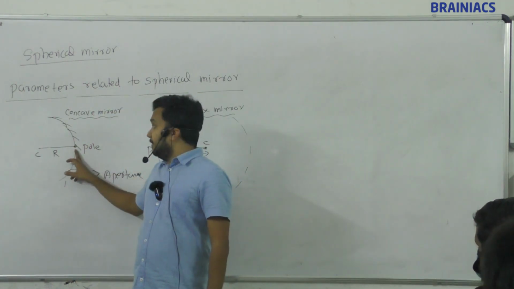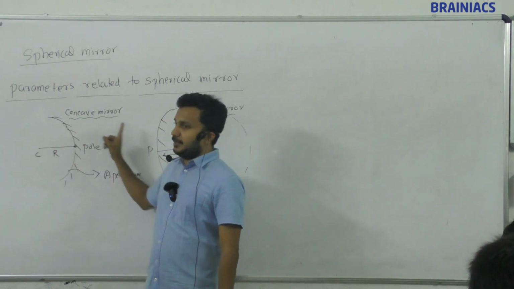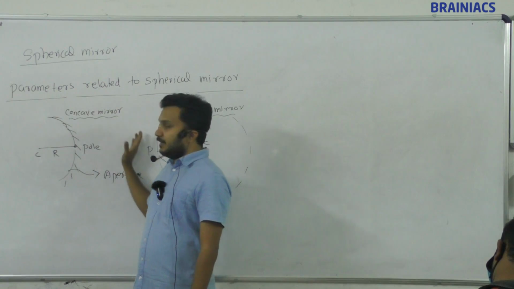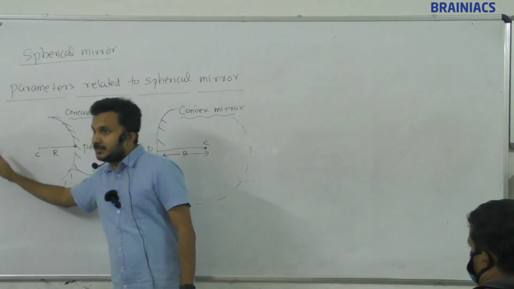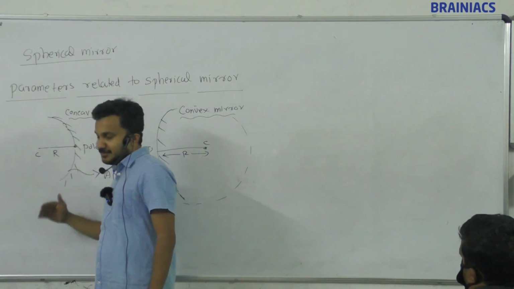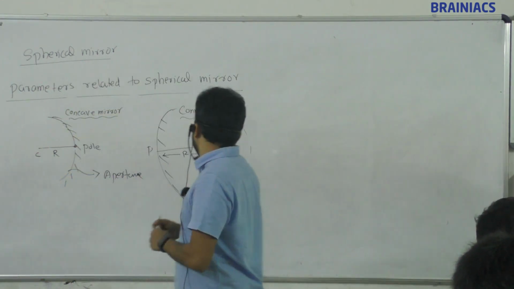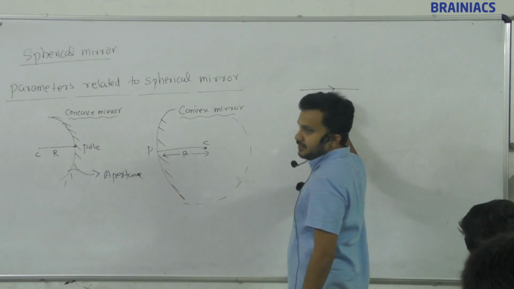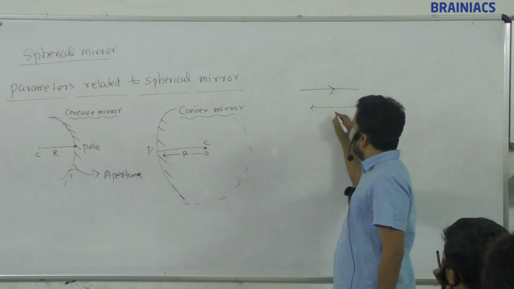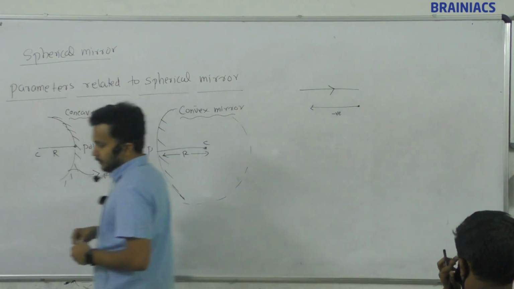Every measurement is taken from the pole, right side or left side. But if any measurement is taken against the direction of incident ray, then it is negative. You will understand after some next classes. For example, if the incident ray direction is like this and you are taking the measurement in this direction, then this is negative because you are moving against the direction of incident ray.